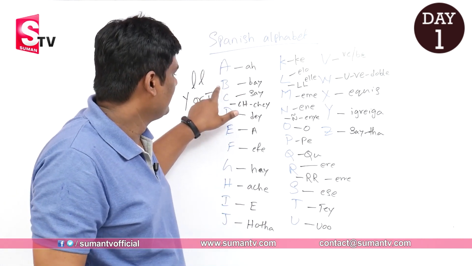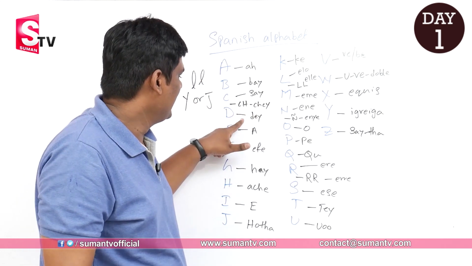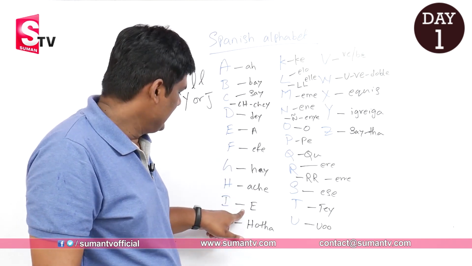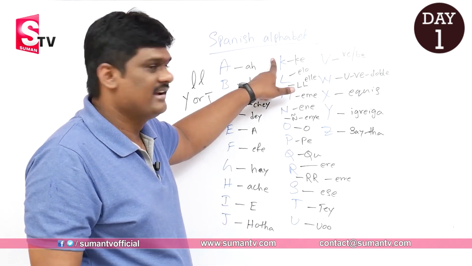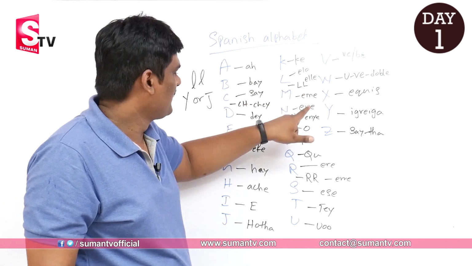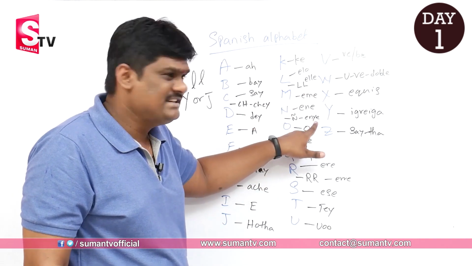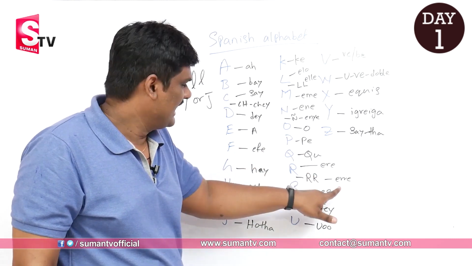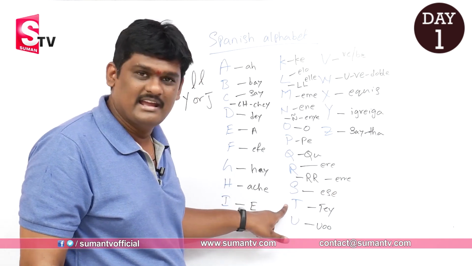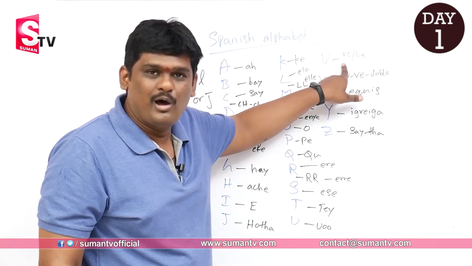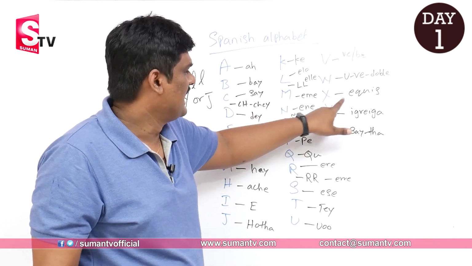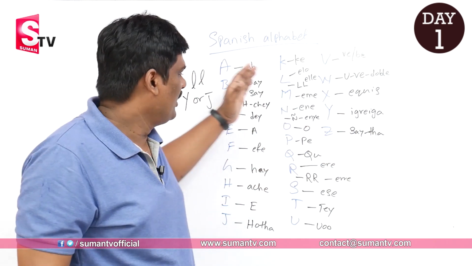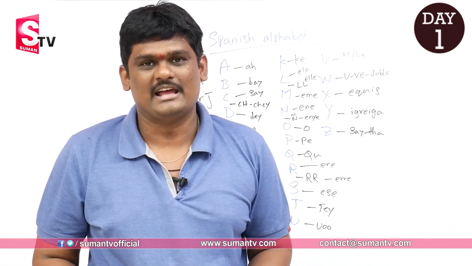A, Be, Se, Che, De, E, Fe, He, Ache, E, Hota, K, LA, A, MA, NA, Nya, O, P, Q, R, S, T, U, V or B, uve doble, X, Y, Zeta. So this is the pronunciation of the Spanish alphabet.